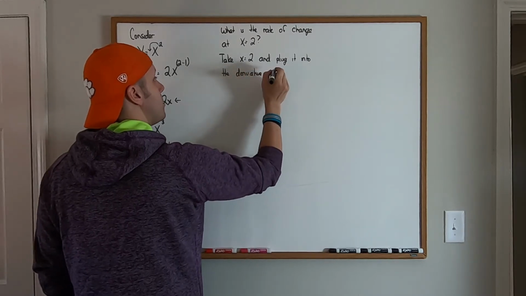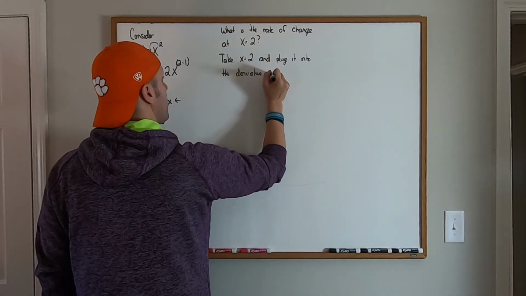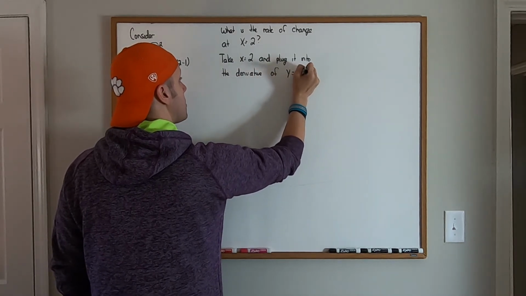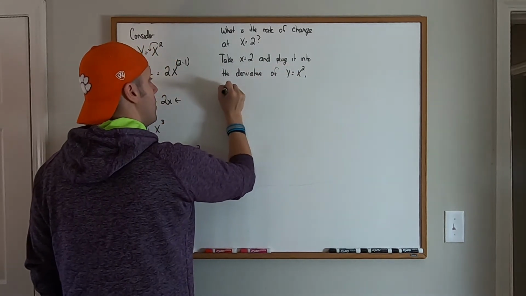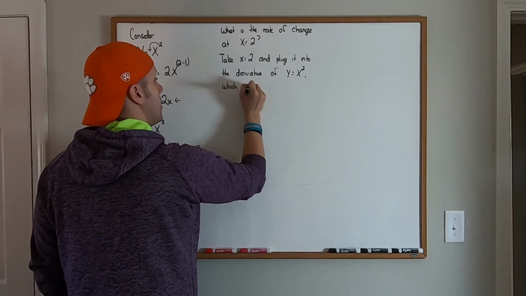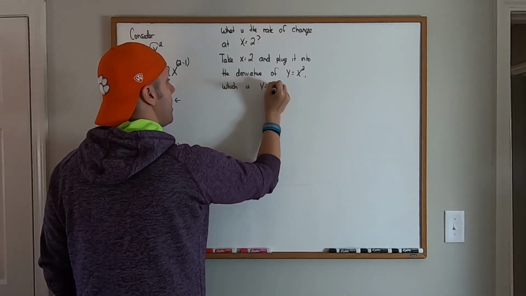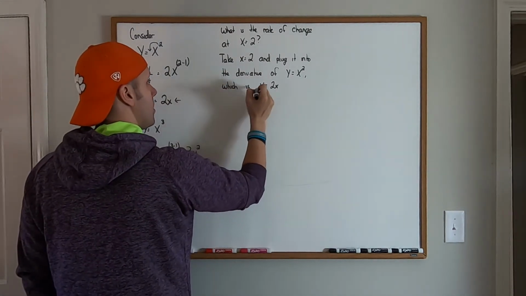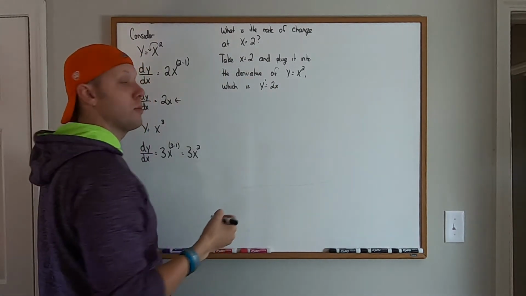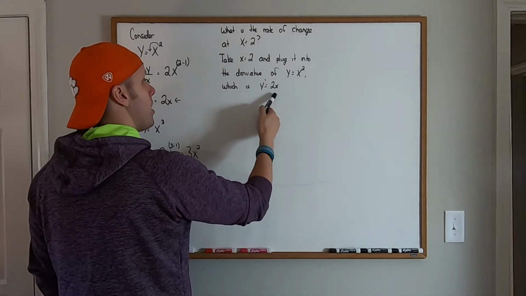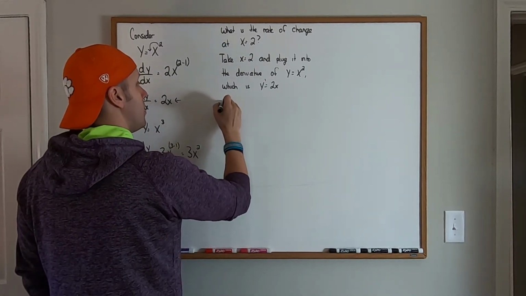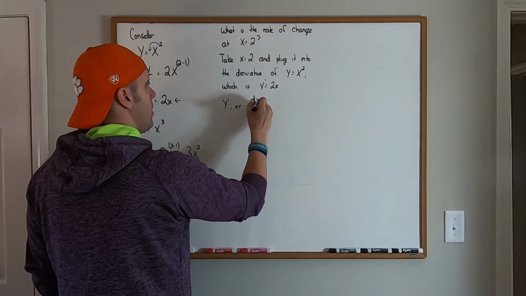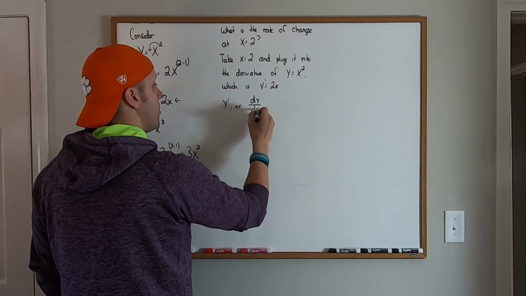Well, we take x equals 2 and plug it into the derivative of y equals x squared, which is y prime equals 2x, or, as I tend to prefer to use, dy dx.